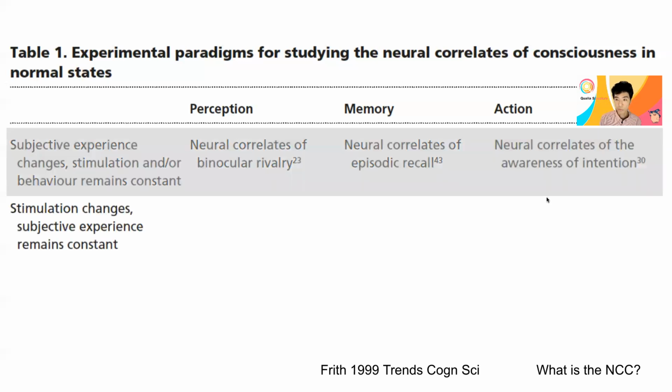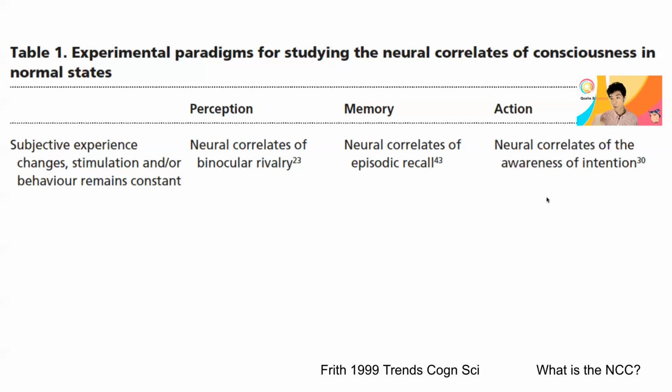And then action-wise, neural correlates of the awareness of intention. So you do exactly the same kind of behavior, like pressing a button, but you may pay attention to when your intention to move or press the button starts to appear. Here, the stimulus itself can be a clock, which you just passively view, and then you press a button at exactly the same time in two trials.